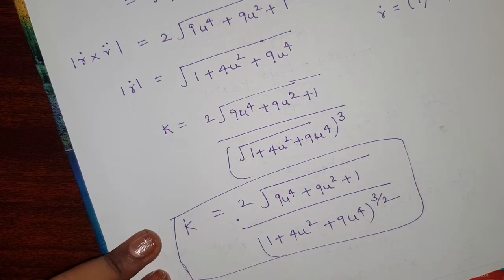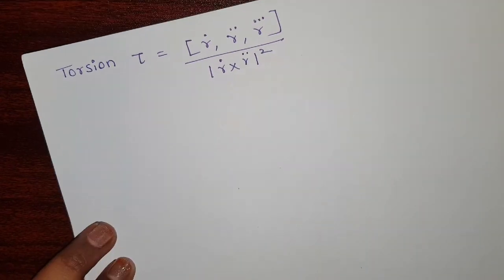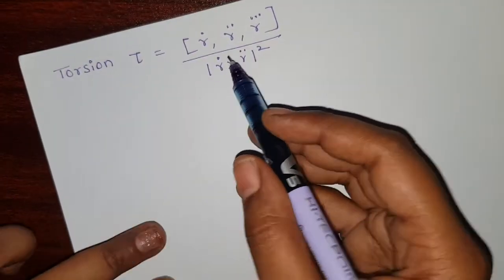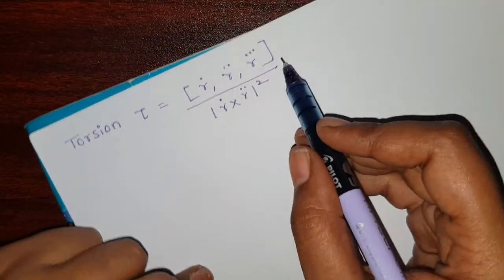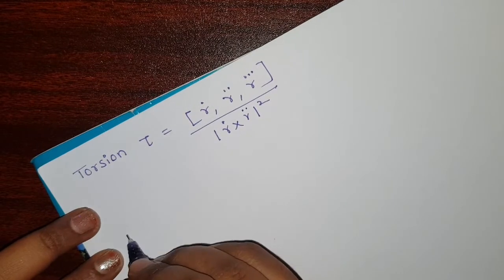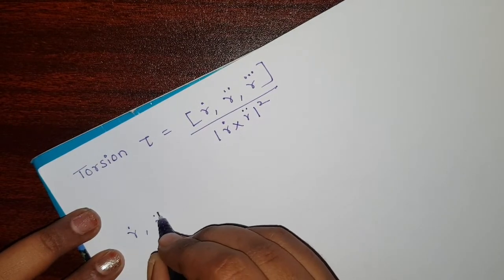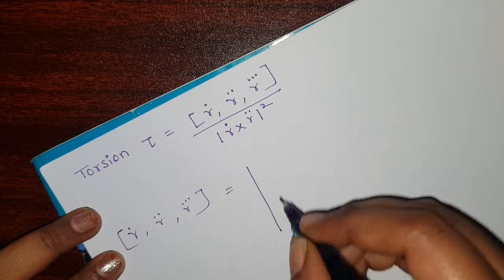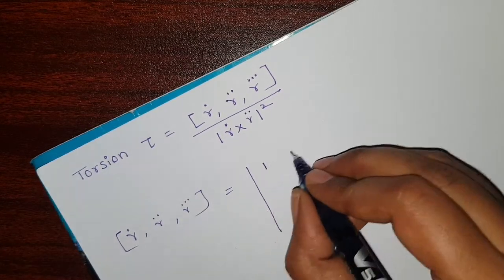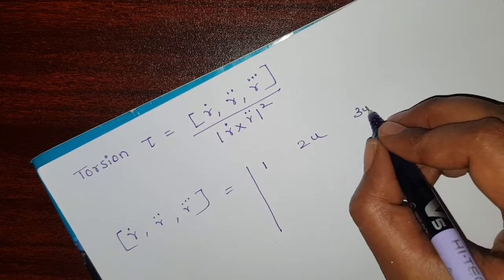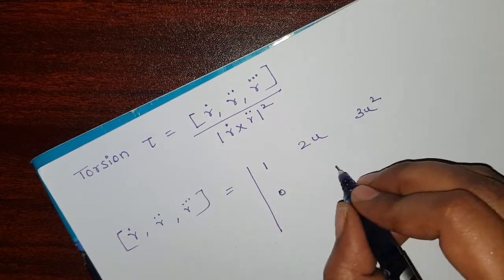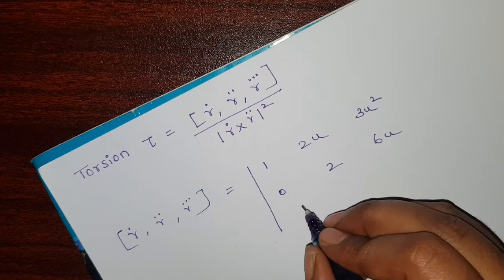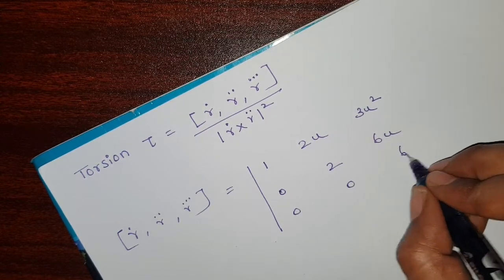Next we find the torsion value. For that we find the determinant value of r dot, r double dot, r triple dot. We substitute the values 1, 2u, 3u square, 0, 2, 6u, 0, 0, 6.